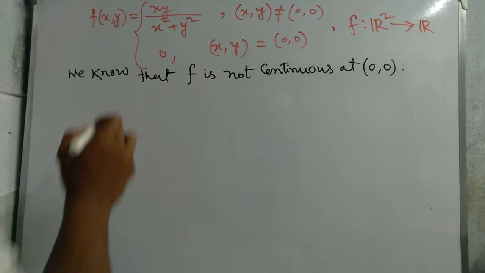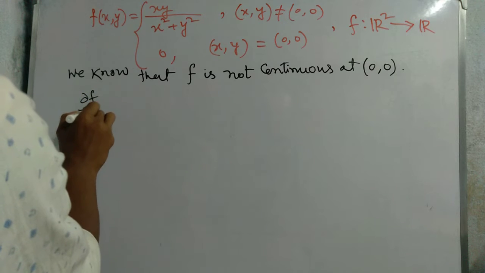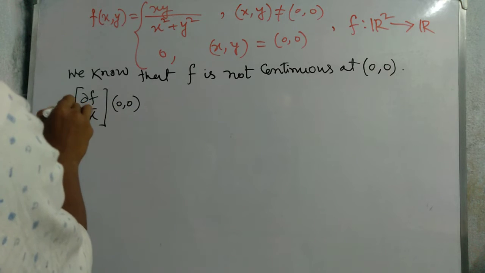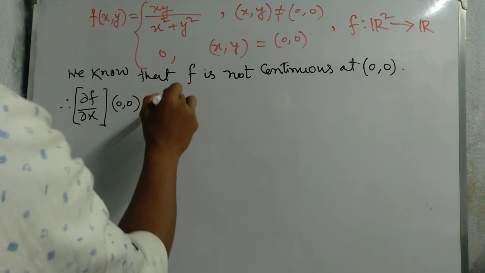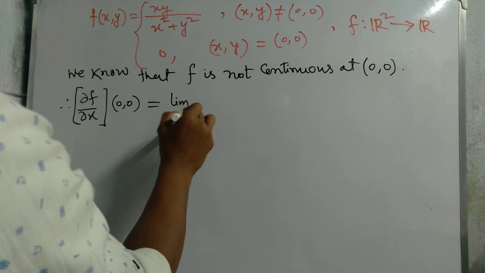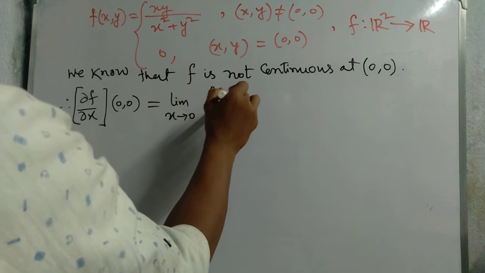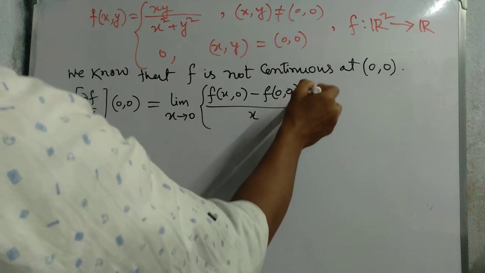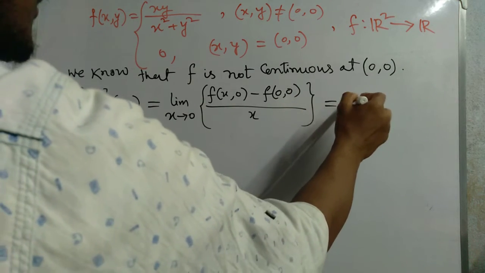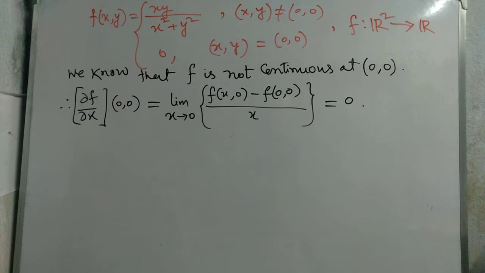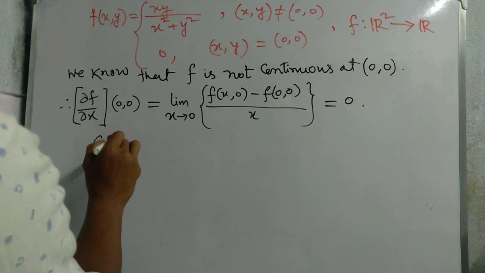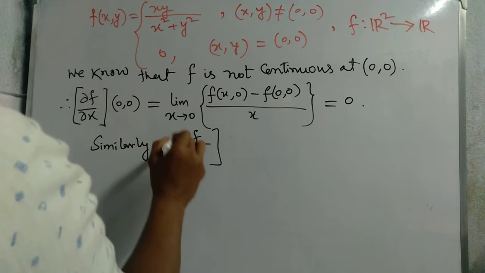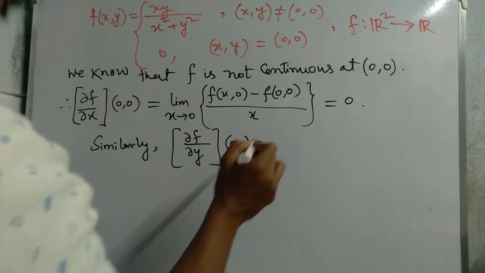Then del f by del x at (0,0) equals the limit as x tends to 0 of f(x,0) minus f(0,0) divided by x, equals 0. Similarly, del f by del y of f at (0,0) equals 0.